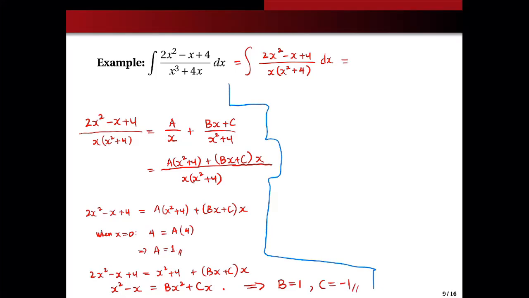So this will be equal to the integral of a over x, so we have 1 over x plus bx plus c, you will have x minus 1 over x squared plus 4. And then you have the dx. Sorry, it should be x squared plus 4.